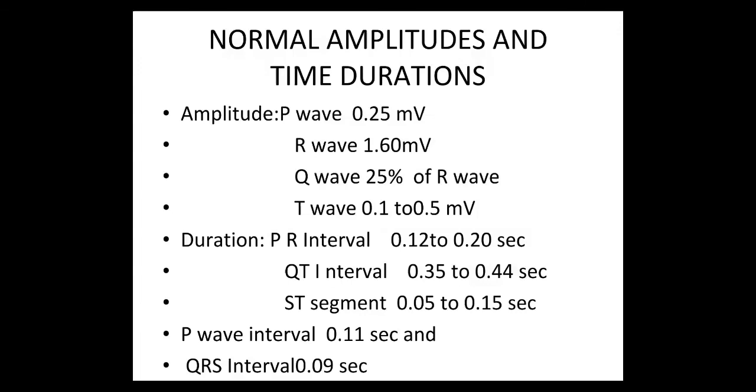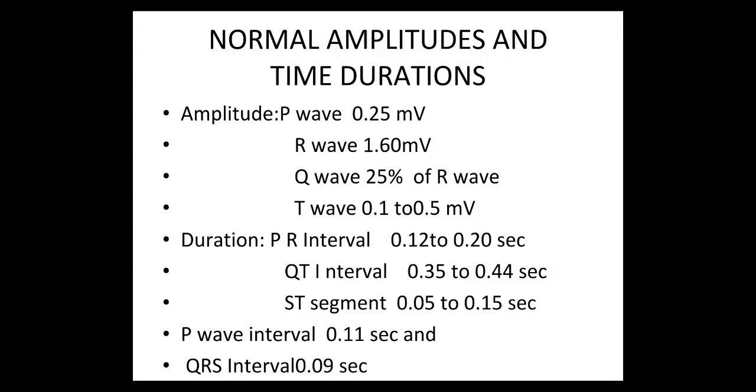The normal amplitudes and time durations of the ECG wave. Amplitude. P wave is typically of the amplitude 0.25 millivolts. R wave is 1.6 millivolts and Q wave is 25% of R wave. T wave is 0.1 to 0.5 millivolts. The durations.